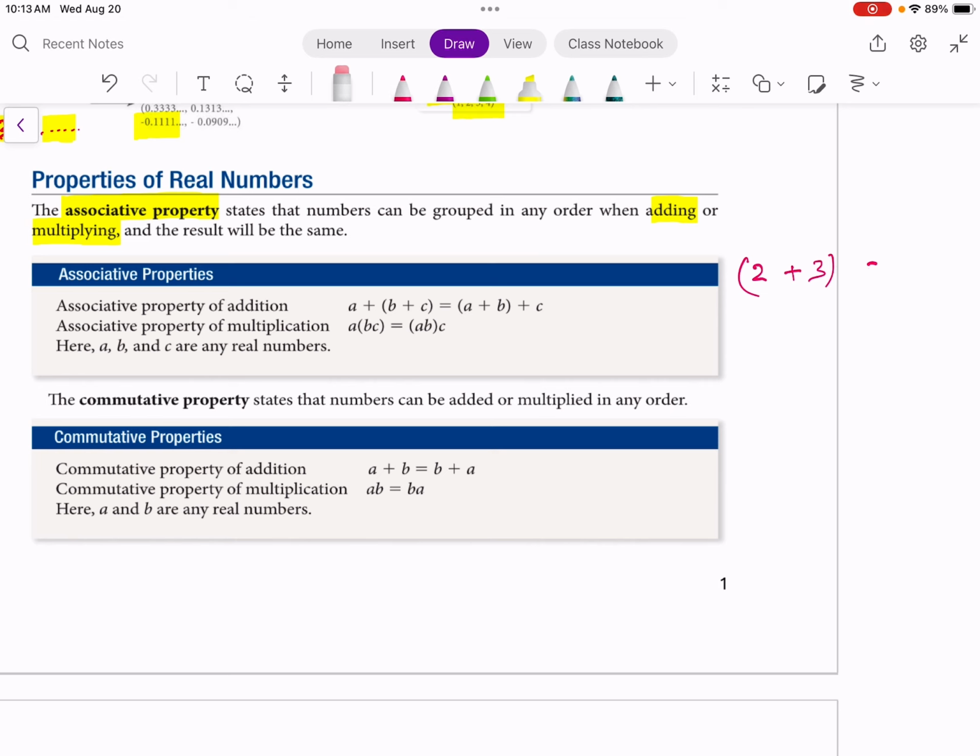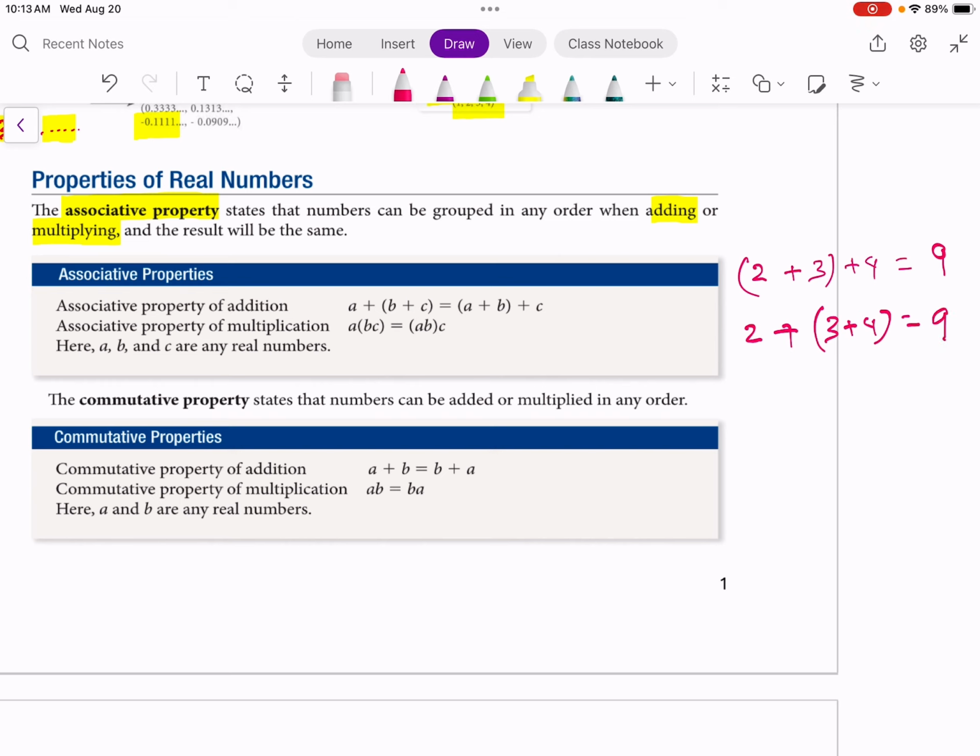Let me do the sum first. So we are adding 2 plus 3 plus 4, and this is 9, right? Now, if we add 3 and 4 together first, what will be the sum? We still get 9, right?